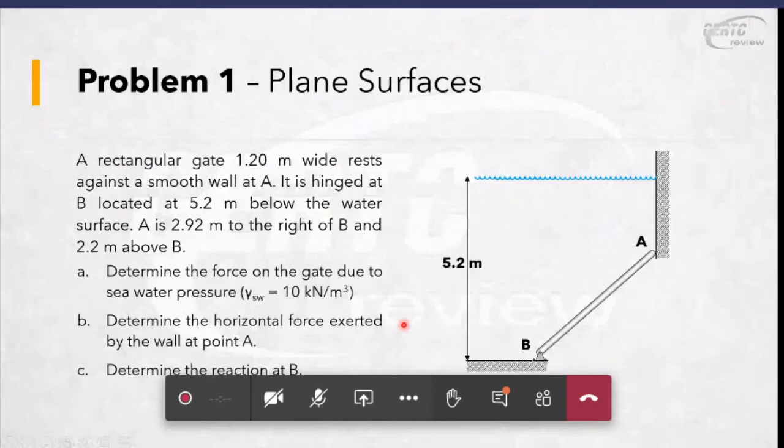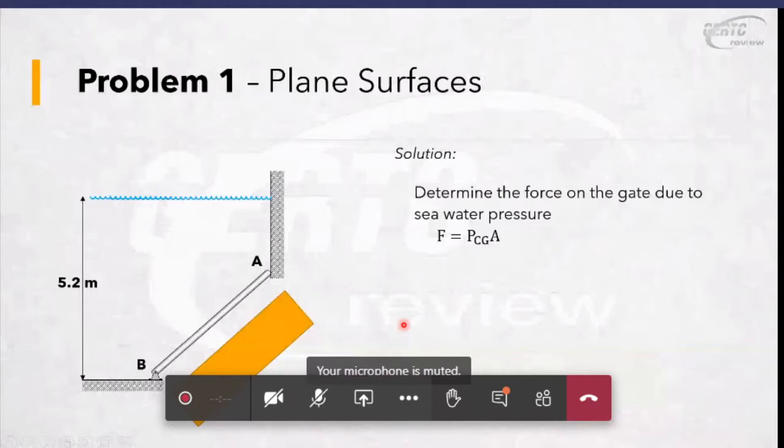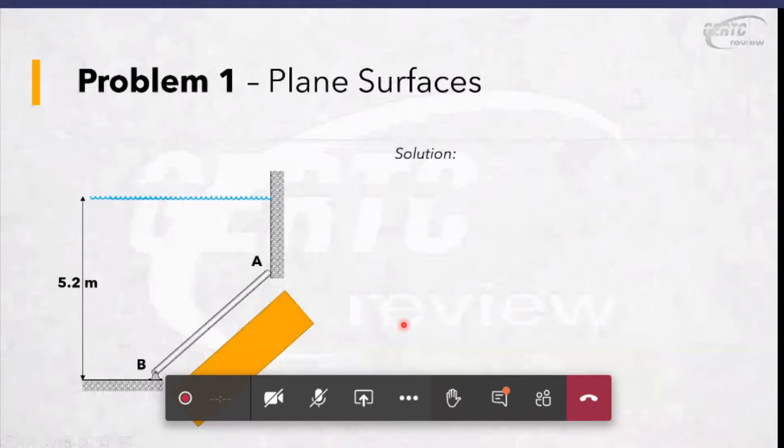Since the first question here is to determine the total force, I will draw it myself. Can you annotate? Okay.